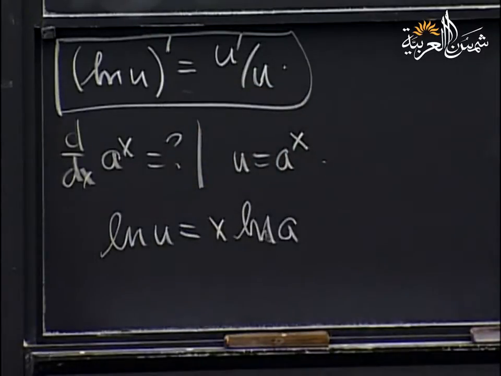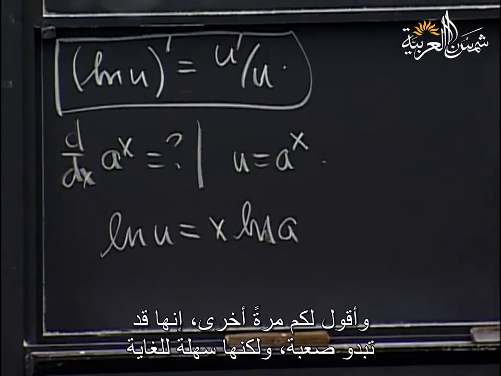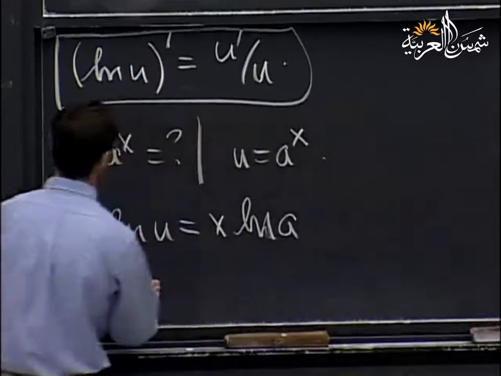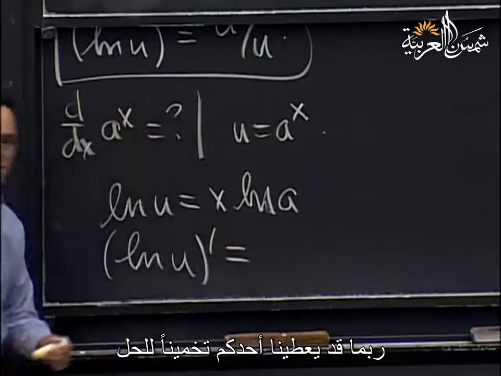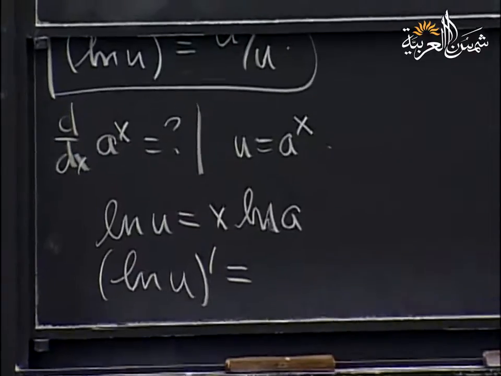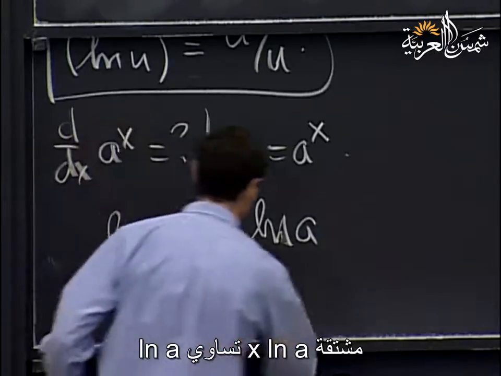All right? Now I claim that this is pretty easy to differentiate. Again, it may seem hard, but it's actually quite easy. So maybe somebody can hazard a guess. What's the derivative of x log a? It's just log a, right.